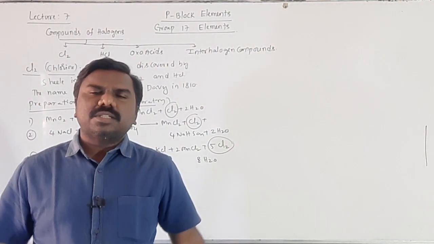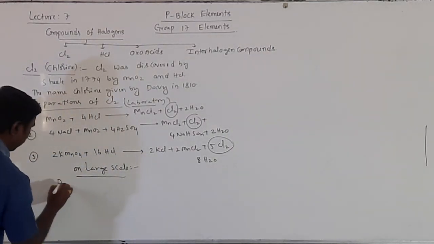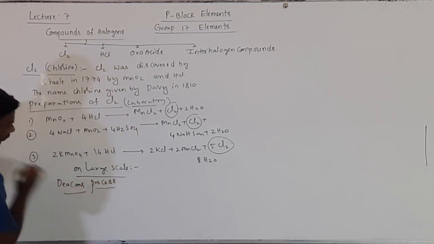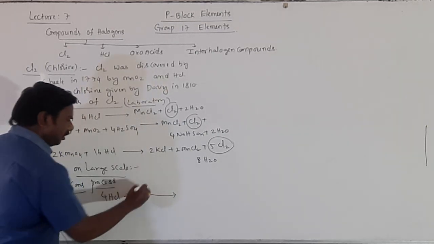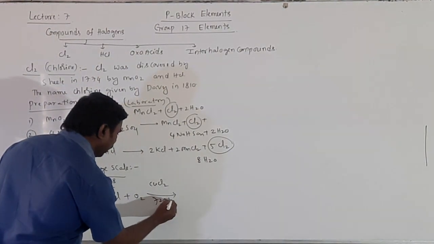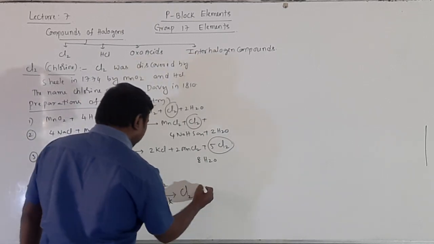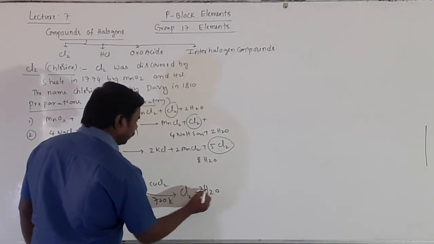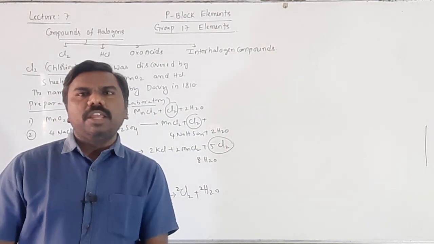Large scale means industrially, by Deacon's process we can prepare. 4 moles of hydrogen chloride with oxygen gas in the presence of a catalyst CuCl2 at 720 kelvins gives 2Cl2 plus 2H2O. Chlorine gas will be liberated.